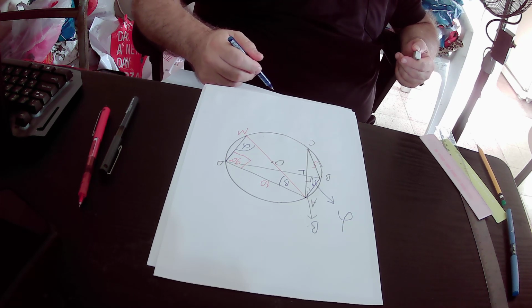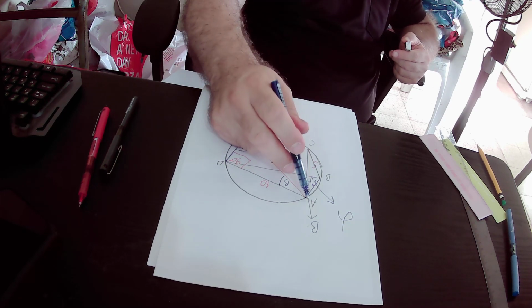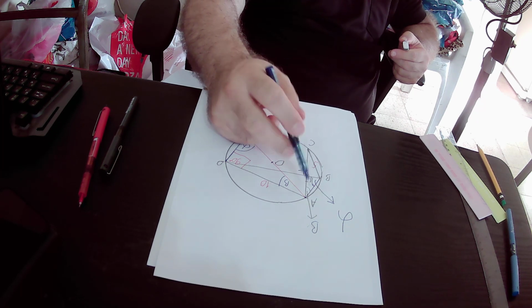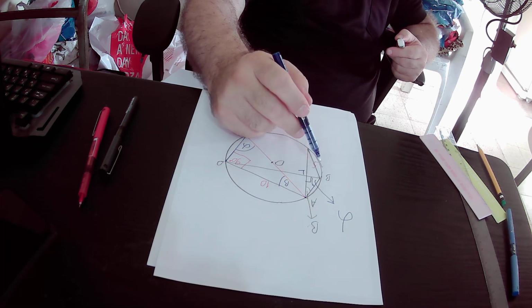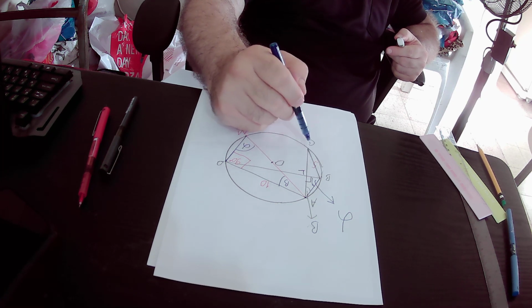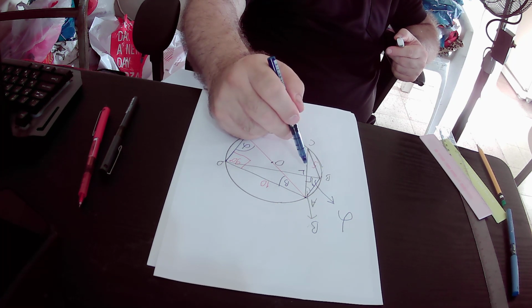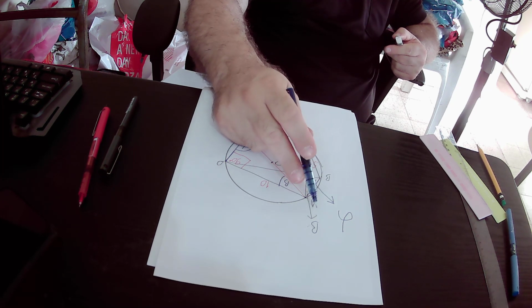It is also true that angle BAC equals beta, because it is the same angle. Angle BAC equals angle BAL, and both of them equal angle beta.